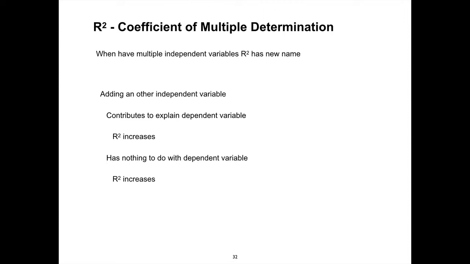So then we can start, instead of visualizing them and saying, oh, this looks like a straight line, that's pretty, using statistics to tell us, and we've got this r squared. The problem is that r squared has a very odd property that you have to be careful of.